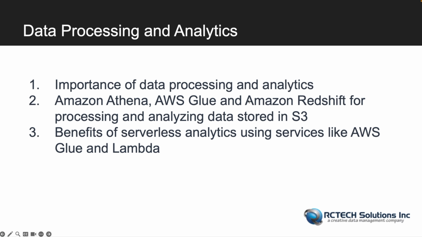Redshift integrates seamlessly with Amazon S3, allowing you to load data directly from S3 into Redshift for analysis. It supports a variety of data formats and offers advanced compression techniques to minimize storage cost. Redshift also provides integration with other AWS services like Glue and Amazon QuickSight for data integration and visualization.